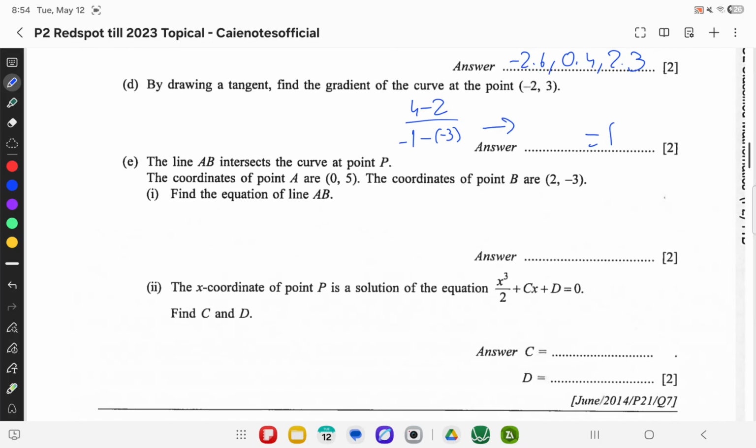The line AB intersects the curve at point P. The coordinates of A are (0, 5) and the coordinates of B are (2, -3). Find the equation of the line AB. Not doing a lot, sorry. The x coordinate of point P is the solution of the equation x cubed all over 2 plus cx plus d is equal to 0. Find c and d. So let's draw AB.